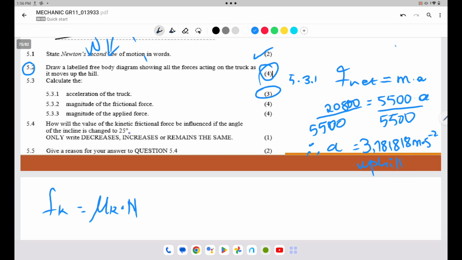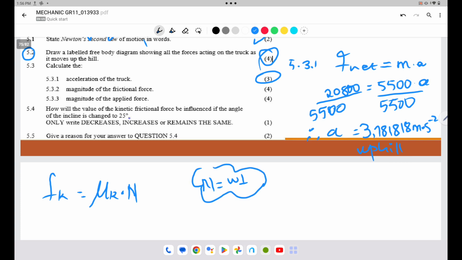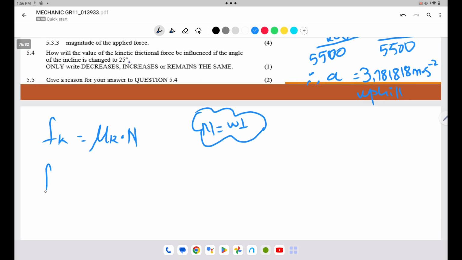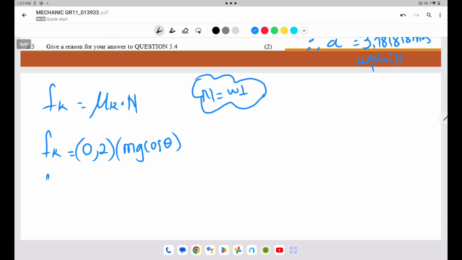I want you to prove this for yourself, but the normal is equal to the perpendicular component of the weight. Then I can sub in. I have my Fk equals 0,2 multiplied by the perpendicular component. We said to calculate that, that is mg cosine of theta, the angle of inclination of the slope.